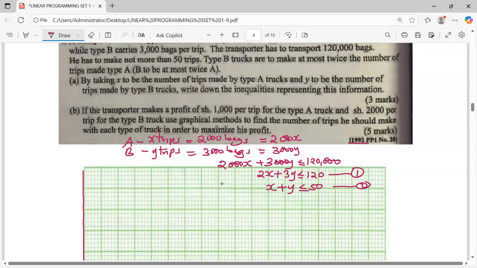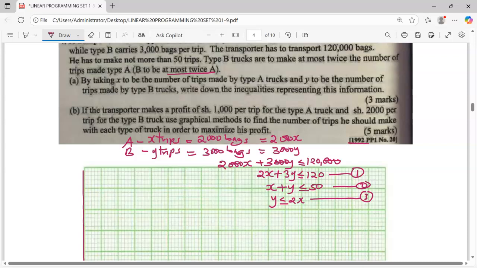Type B has to make at most twice the number of trips made by A, meaning Y, which is B, is less or equal to twice X. This becomes the third inequality.